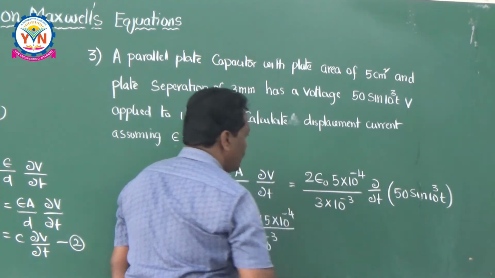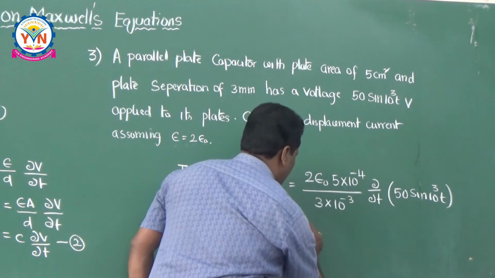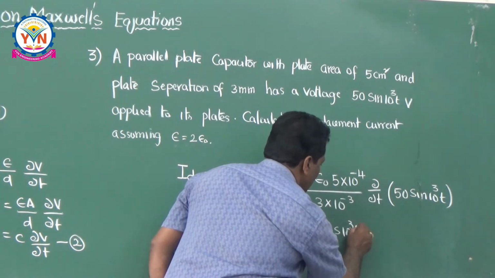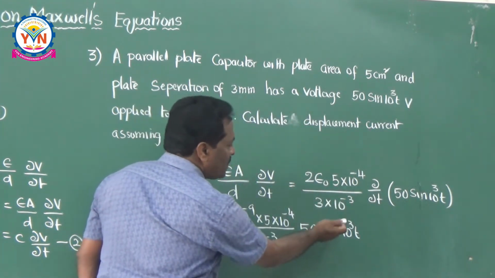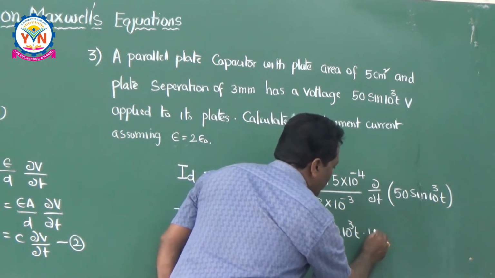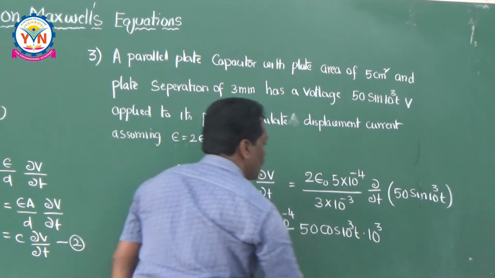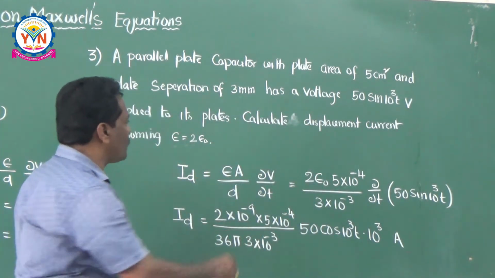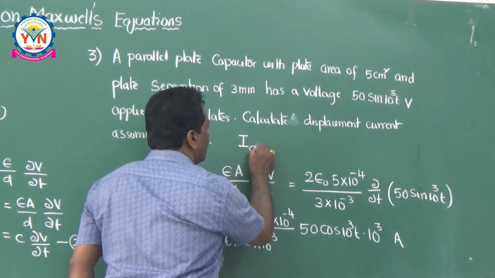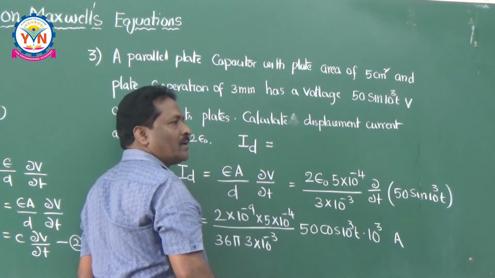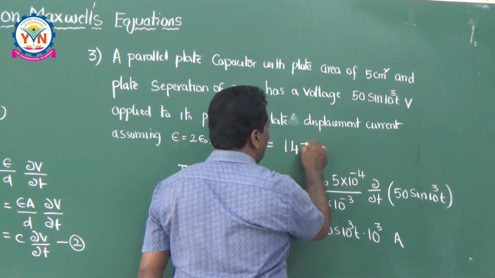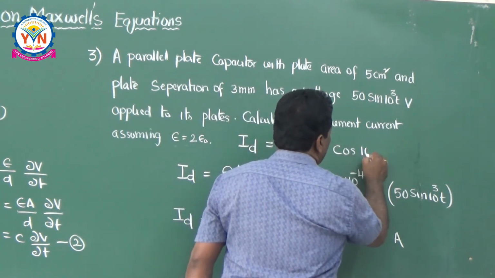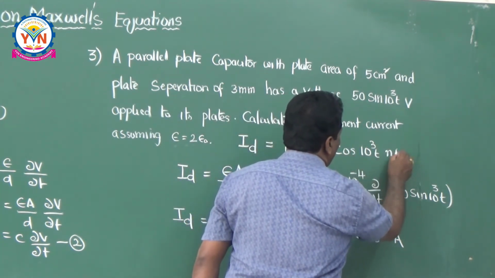This is ∂/∂t of 50 sin, means 50 cos of 10 to the power of 3t into, what is the derivative of sin? Cos, and into 10 to the power of 3. What is the unit? Amperes. So if you simplify this entire thing, then your displacement current ID is equal to 147.4 cos of 10 to the power of 3t nano amperes.